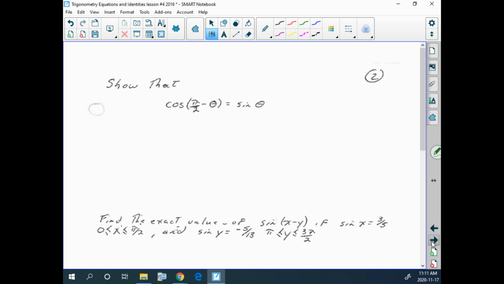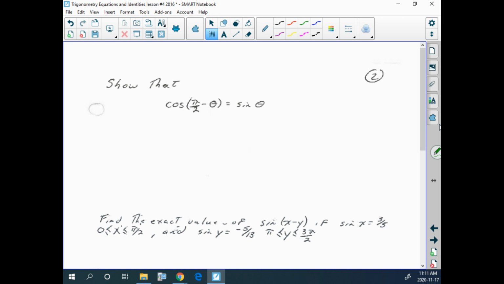Now here, this is one of the identities that we are not going to use too much, but it is a coterminal identity. They have the same terminal arm. Now, we have cosine of an angle minus an unknown angle.